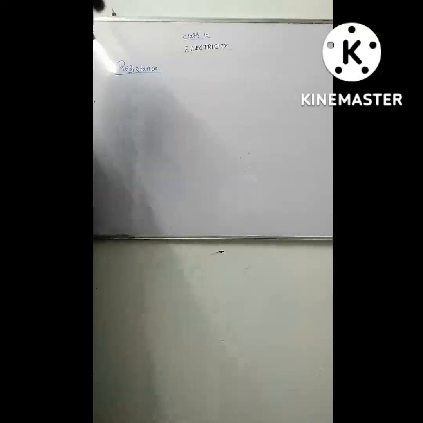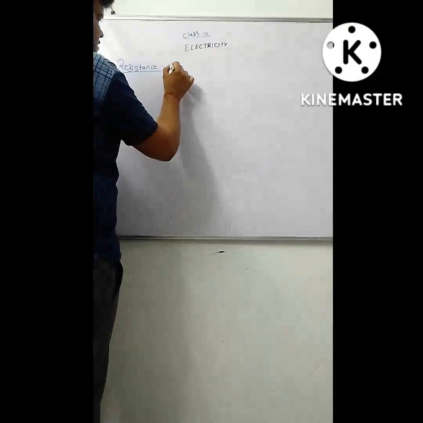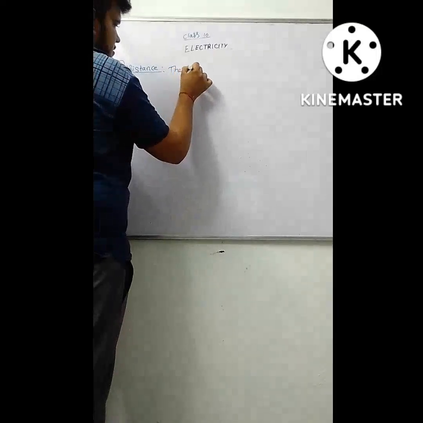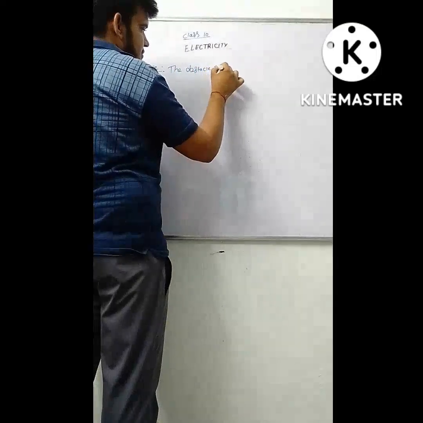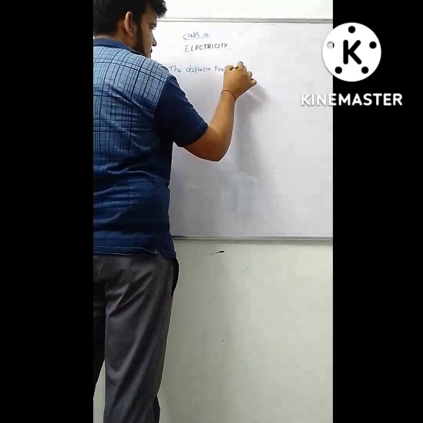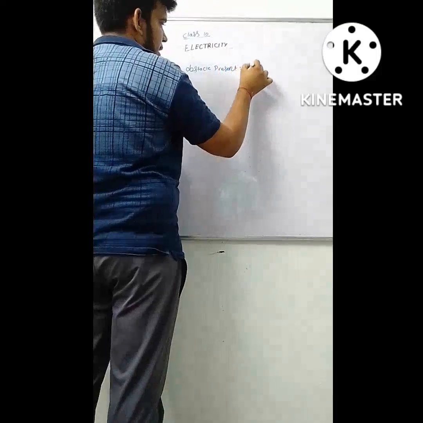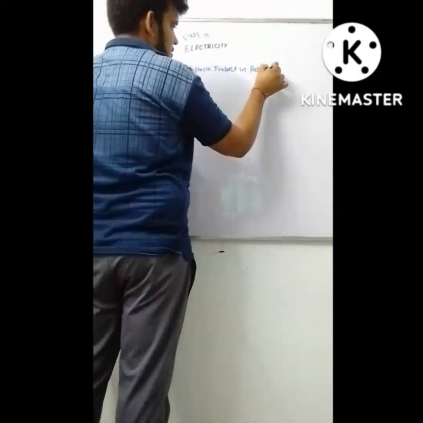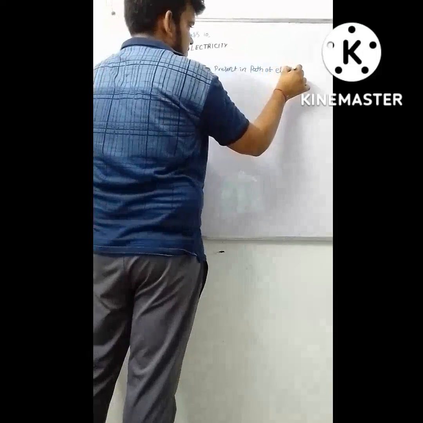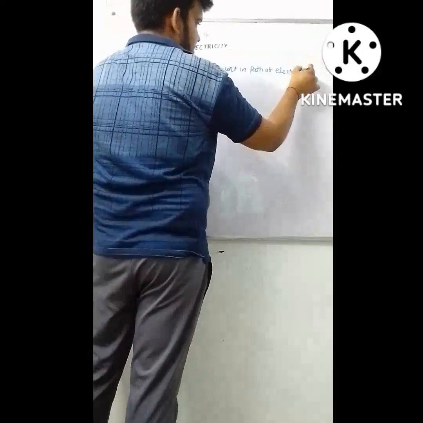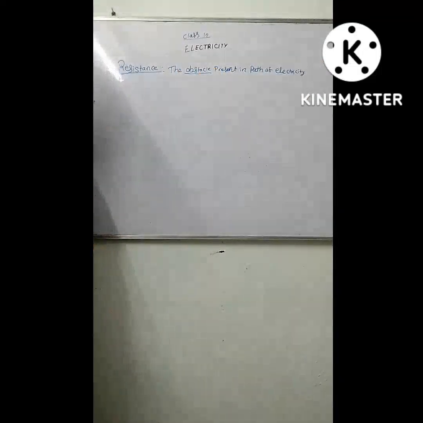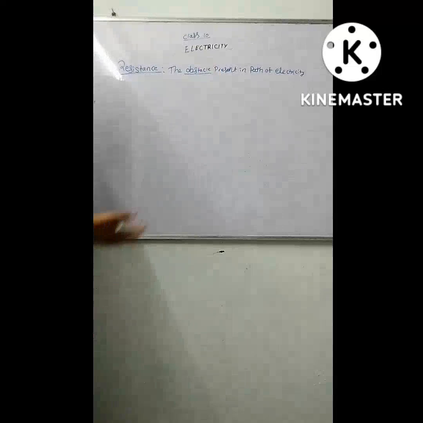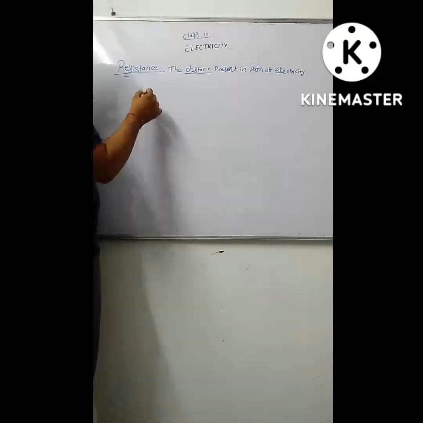You can easily define resistance as the obstacle present in the path of electric current or electricity. The obstacle or hindrance present in the path of electric current is called resistance.